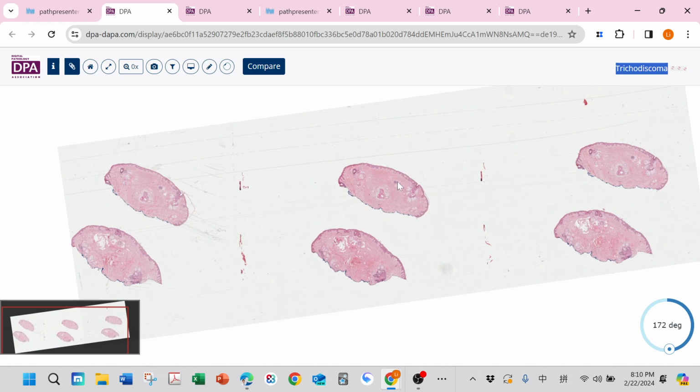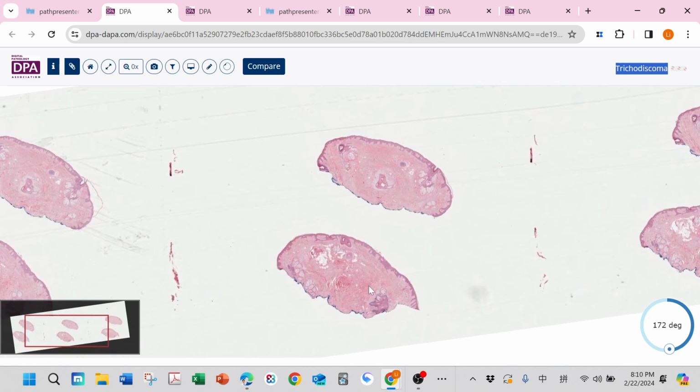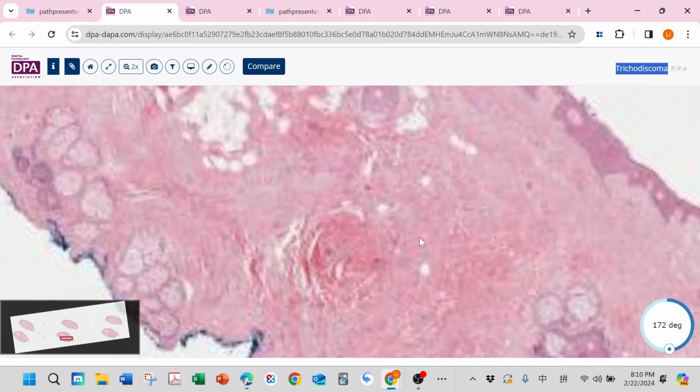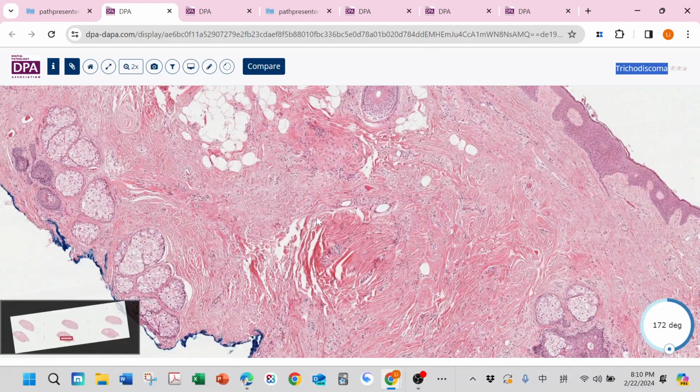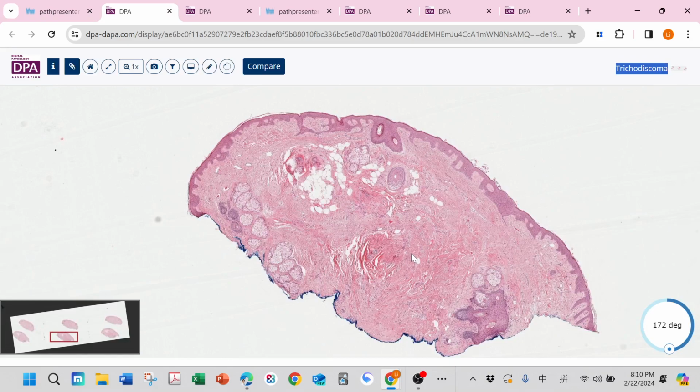So this trichodiscoma kind of looks like a fibrofolliculoma when the lesion is just cut deeper, the hair follicle is gone, and then what you get is just some stroma material mimicking the stroma surrounding the hair follicle. I know to make this diagnosis is really tough.